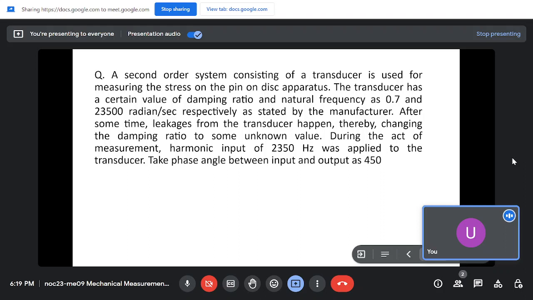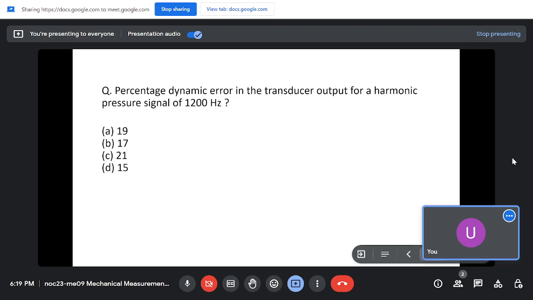Based on the usage and leakage of the transducer, the damping ratio changes to some unknown value, and during the measurement there is an input of 2350 Hz, and the phase angle between the input and output is 45 degrees.